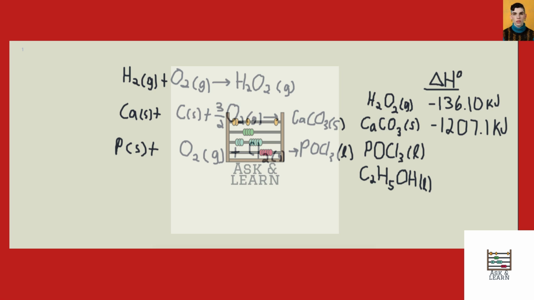Two oxygens on the left, one on the right, so we have to make this 1/2. And we have two chlorines on the left, 3 on the right, so we're going to make this into 3/2. And we go to Appendix C, we can see that delta H formation for POCl3 is minus 597.0 kilojoules.